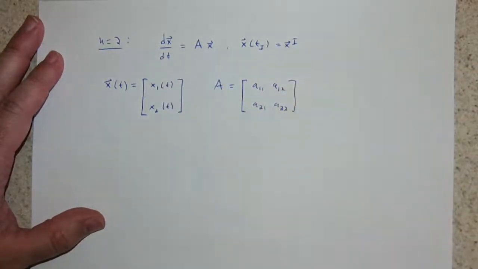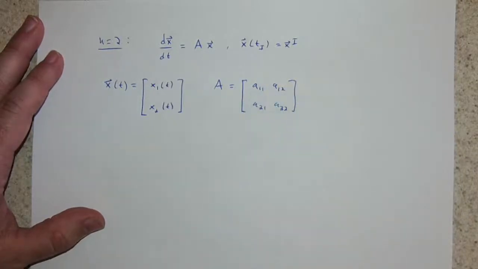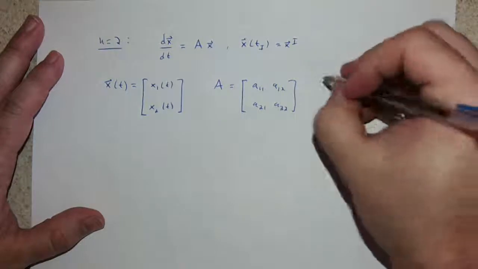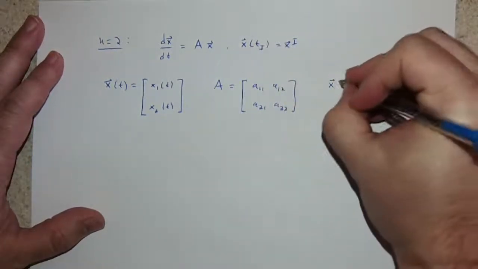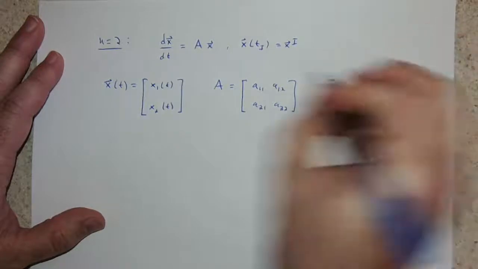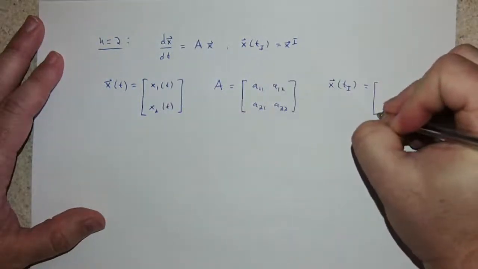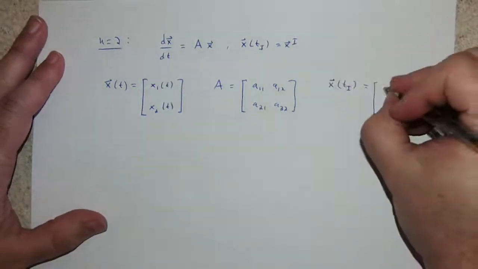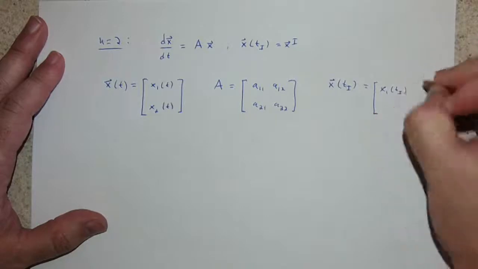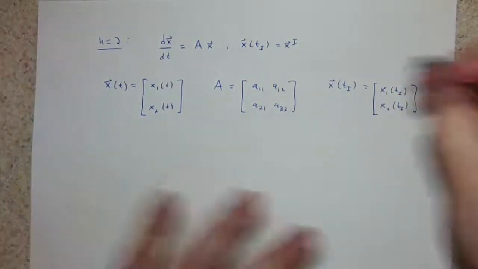Of course, if it's just 2 by 2, you can write this sometimes as A, B, C, D, like you usually write 2 by 2 matrices. And then this initial vector, this is just me plugging in some initial time here and imposing this initial condition on it. So since I know that this is x sub 1 of t sub i, x sub 2 of t sub i is equal to whatever this is.